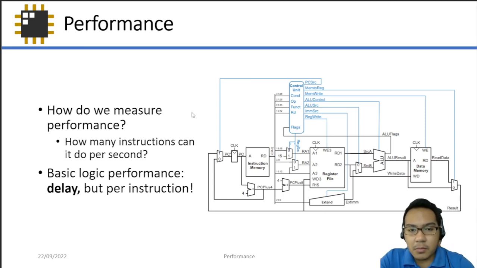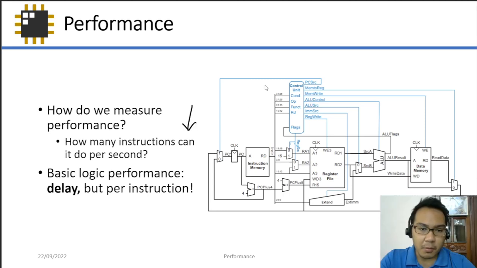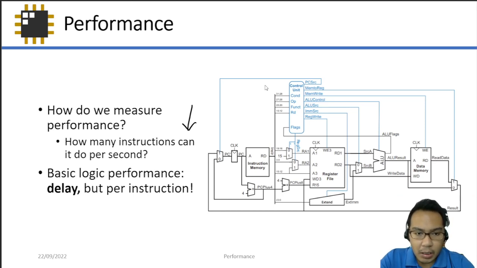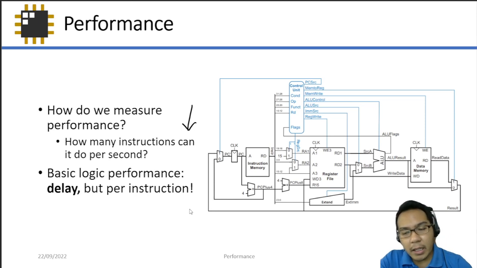Well, one way to measure the performance is to think of basically how many instructions it can actually do per second. And the way we can quantify that is by measuring the time delay that it takes for any specific instruction to be executed.